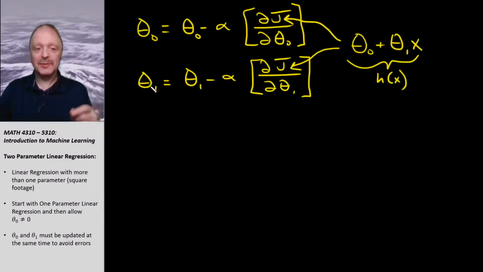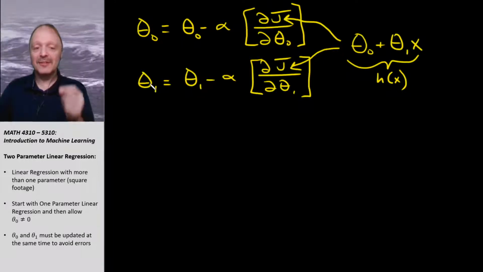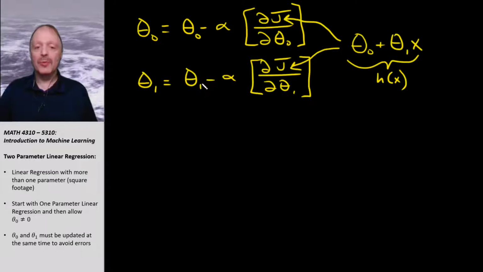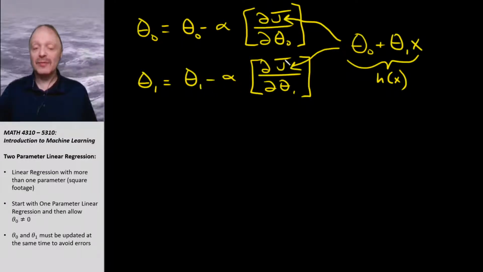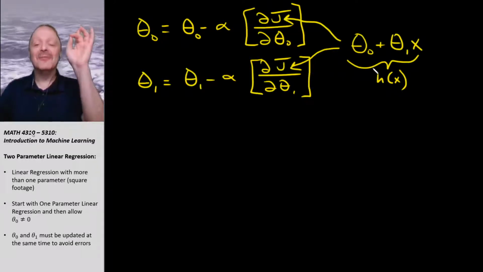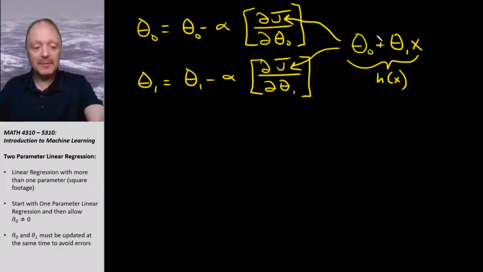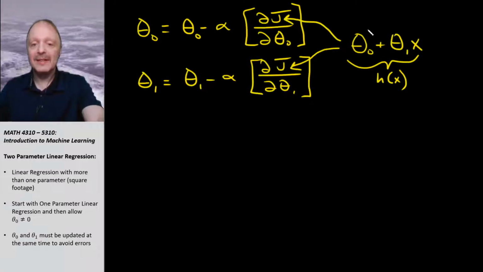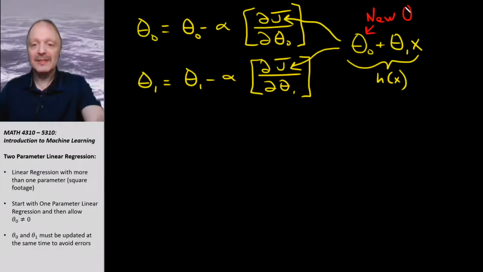But then I get down to the theta 1 assignment. When I try to assign the theta 1 new value, it's equal to theta 1 old value minus alpha times the partial of the cost function, which includes the hypothesis, which now has, for the very first time, a brand new theta sub 0.